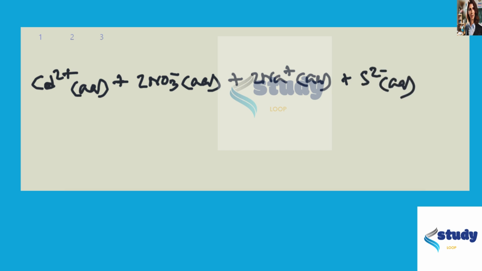So these are the ions on the reactant side, and on the product side, since cadmium sulfide is solid, we'll write it in the solid form, and we have 2 sodium and 2 nitrate.